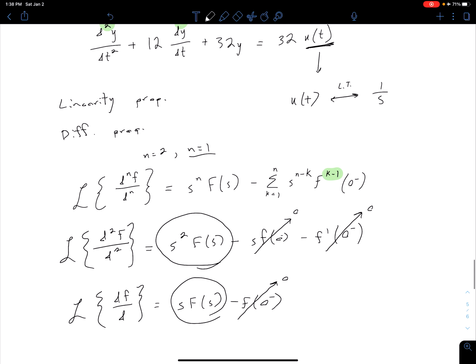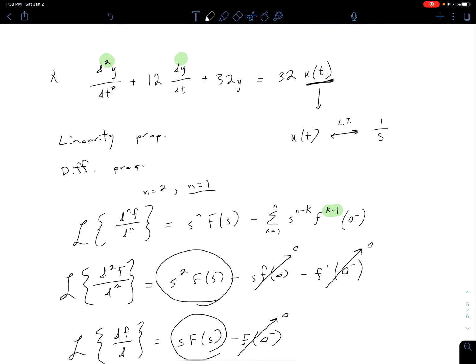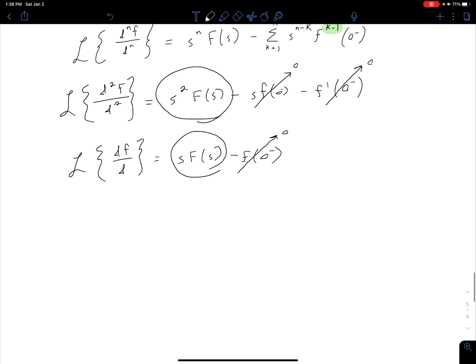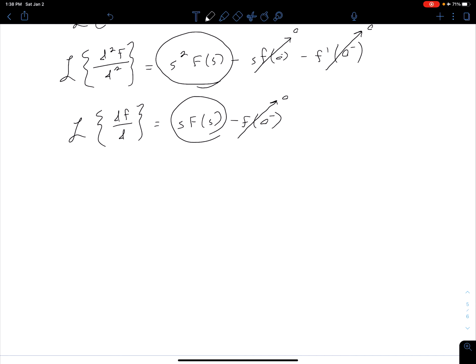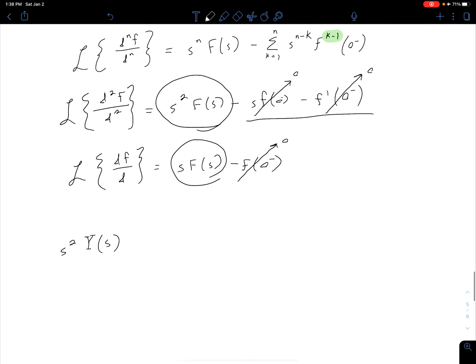Okay, putting all these things together, we can now take this equation to our frequency domain. The second derivative of y is going to become s squared times Y of s. I'm going to try my best to write a capital Y to help us distinguish. Remember, all of those initial values were 0, so that's all we have for that first term.